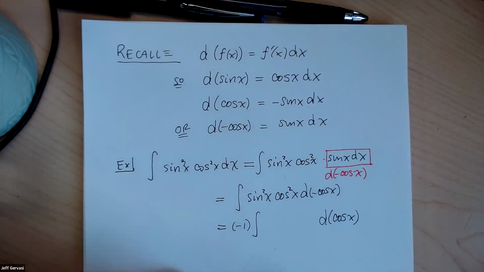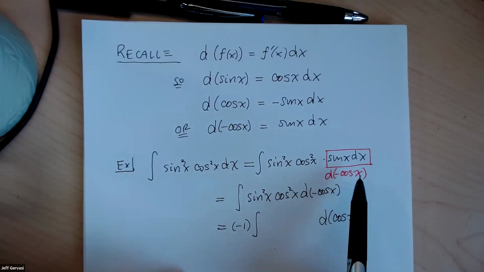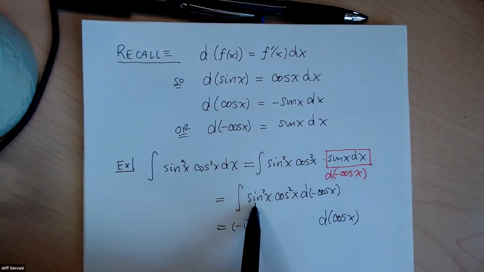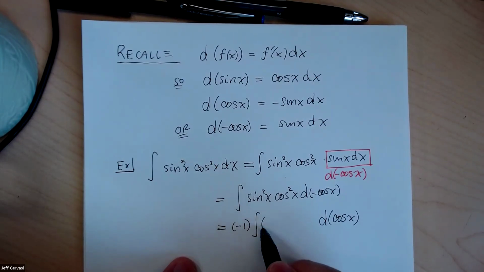Also notice that I'm now integrating not with respect to the variable x, which was the original problem. I'm actually integrating with respect to the cosine function, which means I can only have cosines under the integral symbol. So what I'll do is I'll rewrite this sine squared with the fundamental identity, 1 minus the cosine squared.